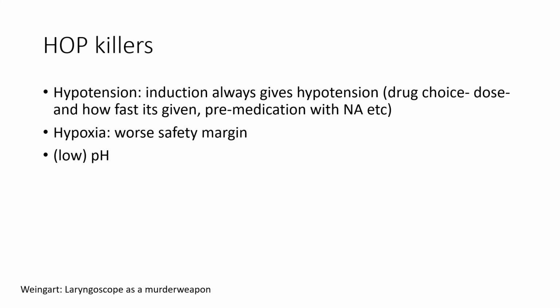The worse a patient is, and if they're a child with a high metabolism, if they're fat, or if they have a high metabolism because of sepsis, then the apneic period, when you give them the drugs and they don't breathe anymore, where pre-oxygenation should be the one thing keeping them alive and saturated, that margin, that time window, is much narrower, and even more so when you have a HOP killer patient.